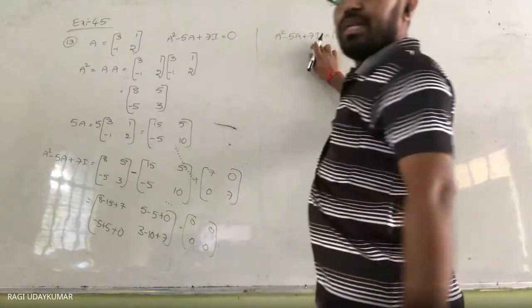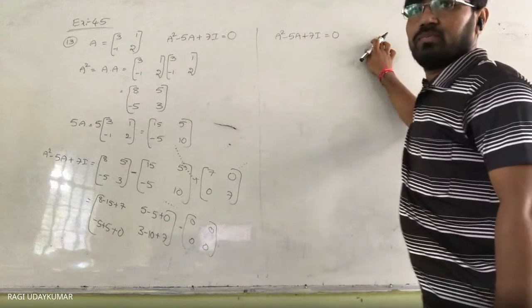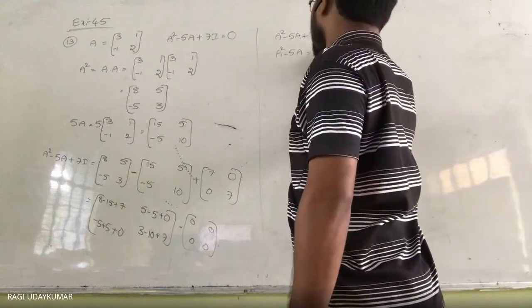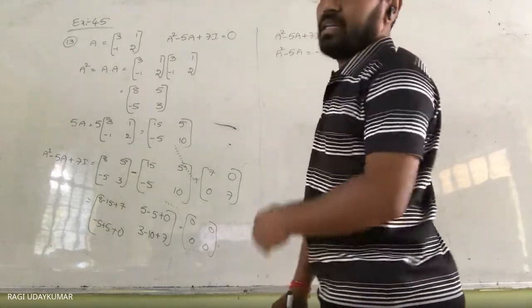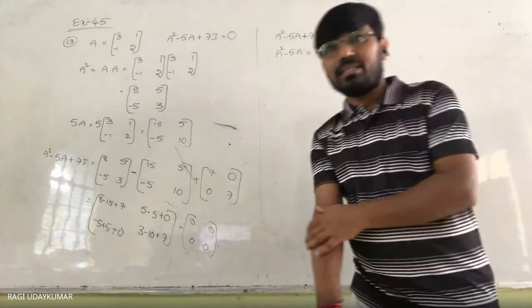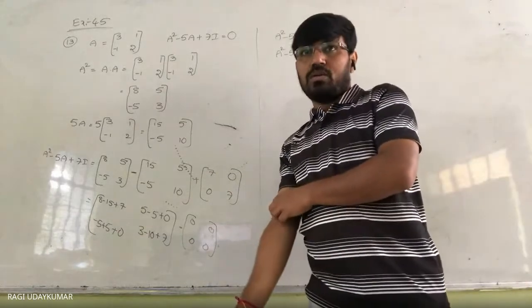This 7I you take to the right hand side. So what do you get here? A square minus 5A is equal to minus 7I. Actually, that is not 0, it is O.